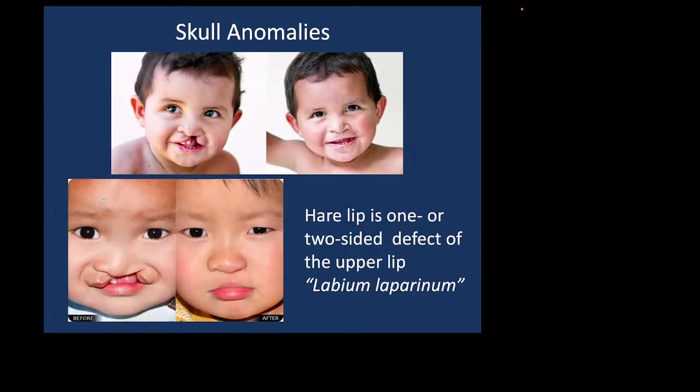Skull anomalies: when the lip has a defect on one or two sides, it's called lip gap, or we call it labium leporinum in Latin.